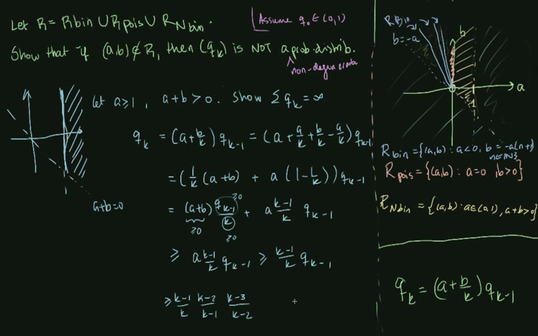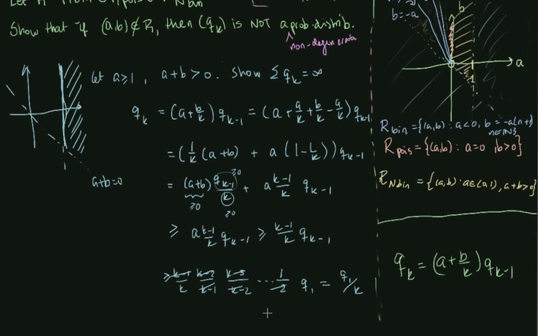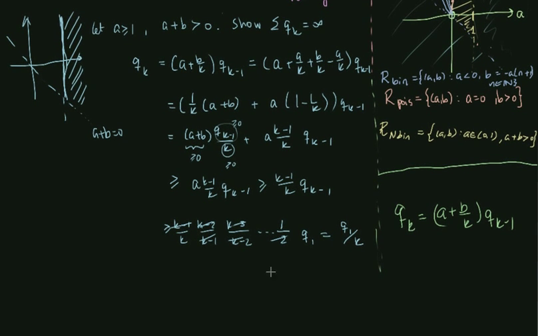And I can go on and on until I have K minus K plus 1, and then I have a 2 here, and Q1. So I just push this all the way down until Q1, and then see how everything cancels more or less. So this is equal to Q1 divided by K.